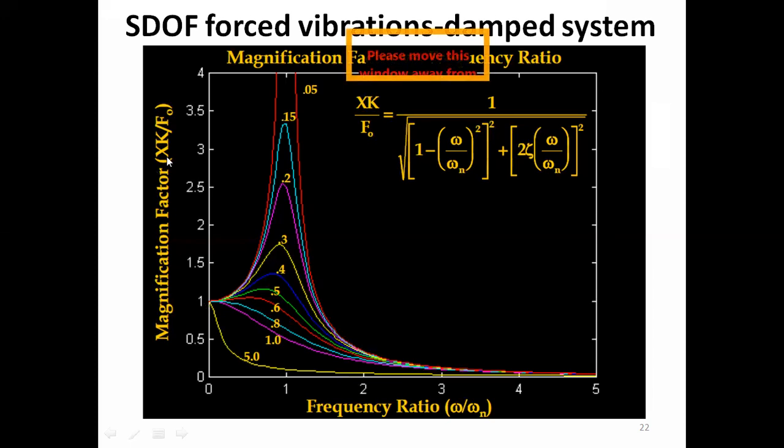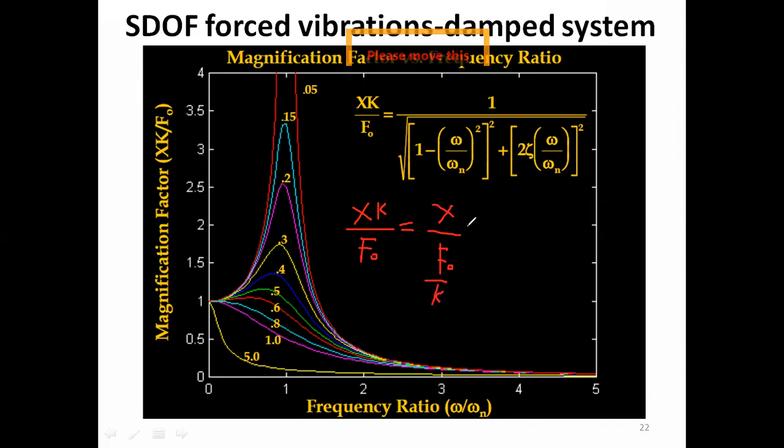Magnification 1 means that, in this case actually, I will write the equation down here. If you look at this magnification, we write Xk by F naught, which I could also write as X by F naught by k, where F naught by k is what?